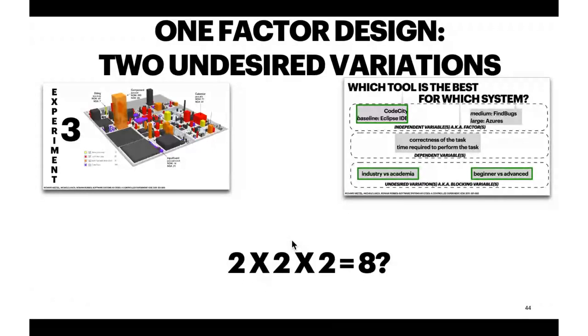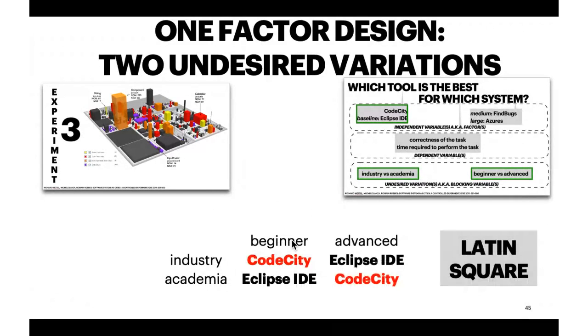So an alternative solution would be to consider the following design. In this case, you see that every row and every column contains a tool choice, and it contains it only once. So both beginners and advanced users experiment with CodeCity and with Eclipse. And in the same way, both industrial and academic participants use both CodeCity and Eclipse.